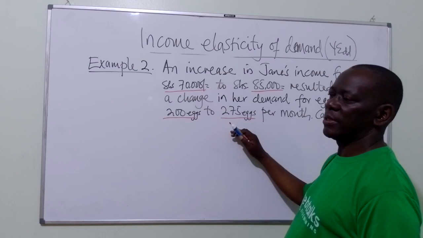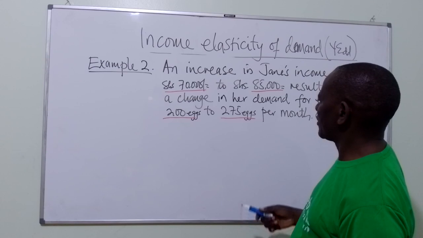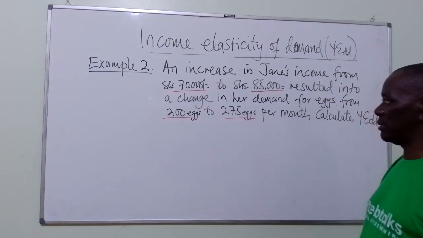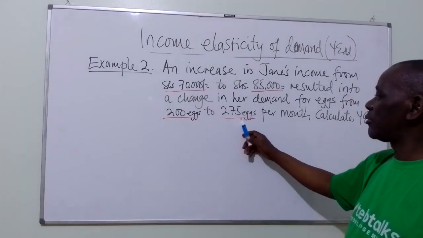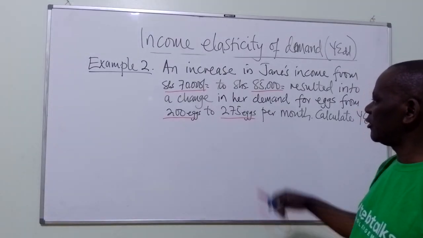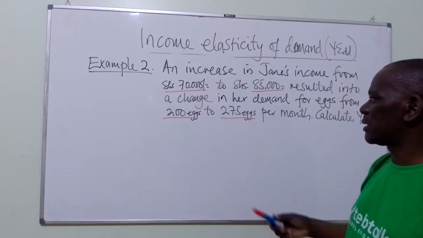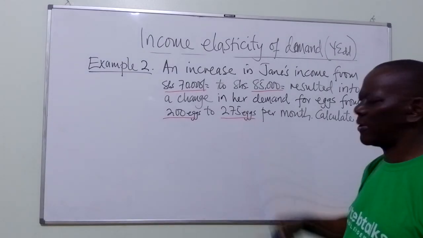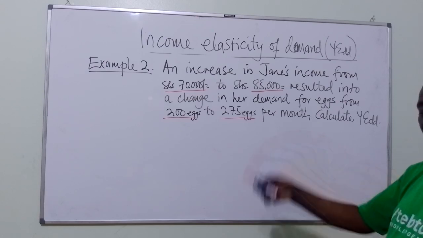Then she increased the eggs to almost 9 trays. Hey, that is a very big increase. So that means she increased the consumption of eggs.